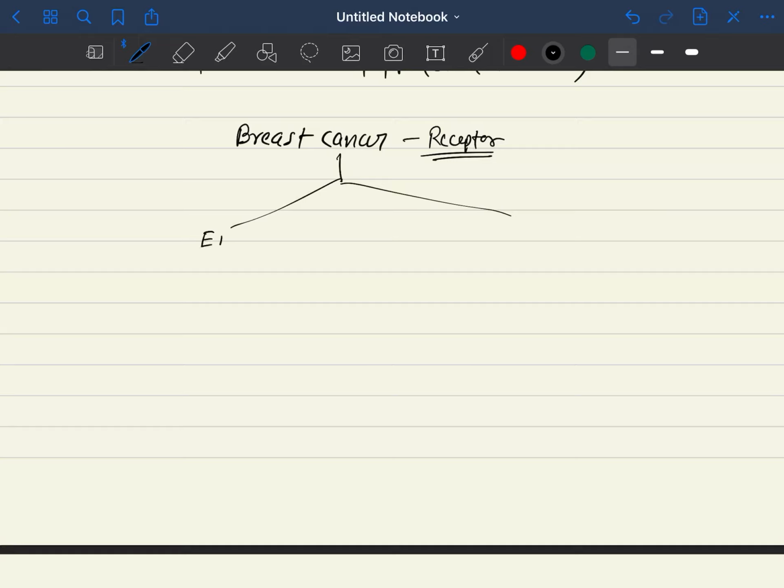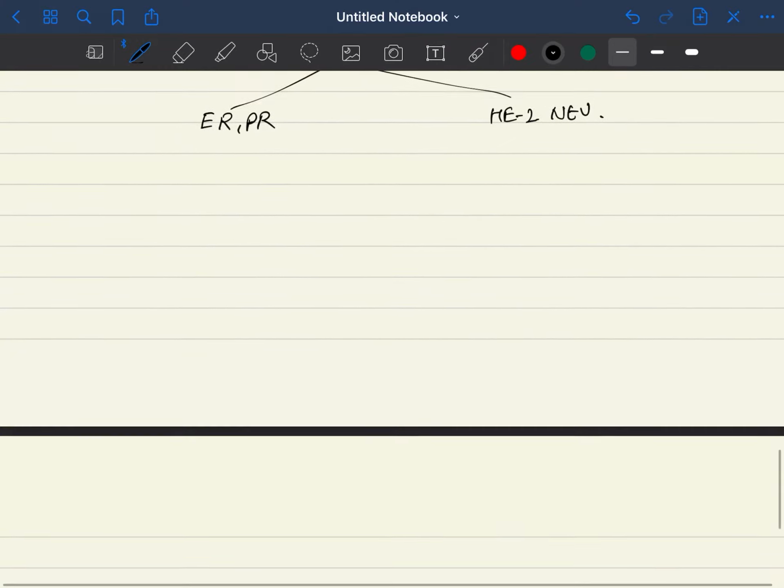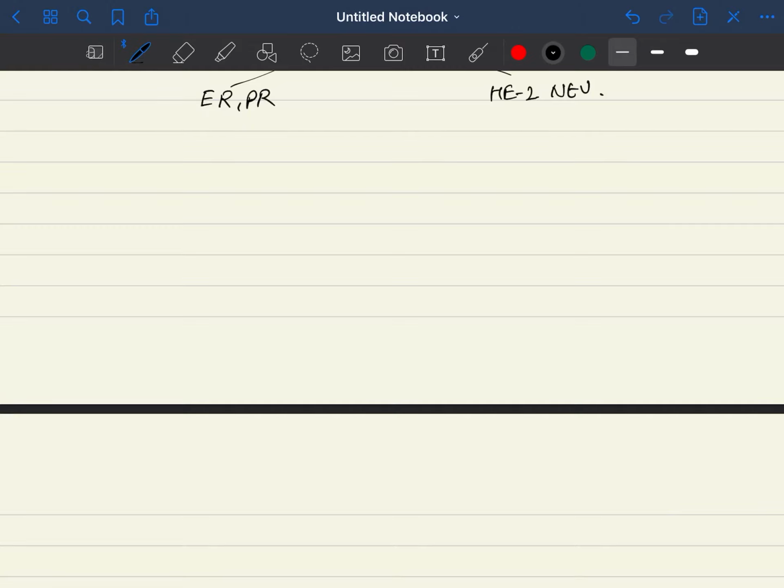The first one is ER/PR receptor, the second one is HER2/neu, as I already told you. ER is estrogen receptor, PR is progesterone receptor. These ER/PR are nuclear receptors.